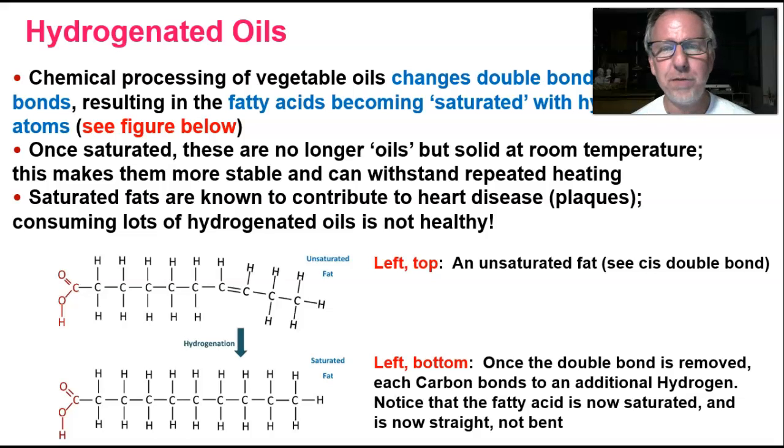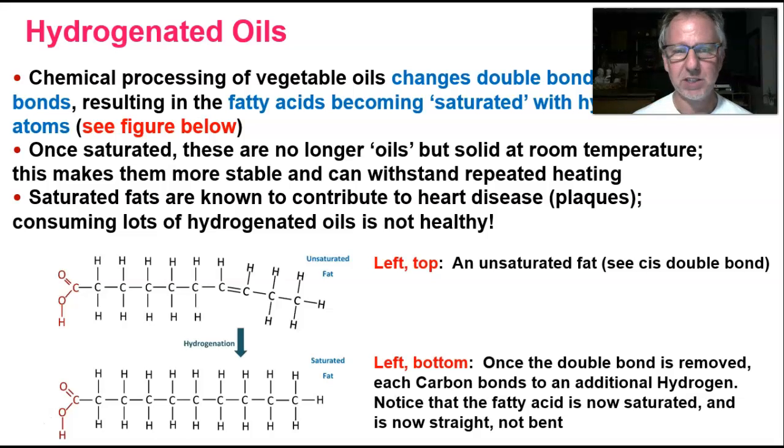The reason why food manufacturers make hydrogenated oils, the reason why they take normal oils that are unsaturated and hydrogenate them, is because they become more stable. They don't break down and get rancid or spoil very quickly.